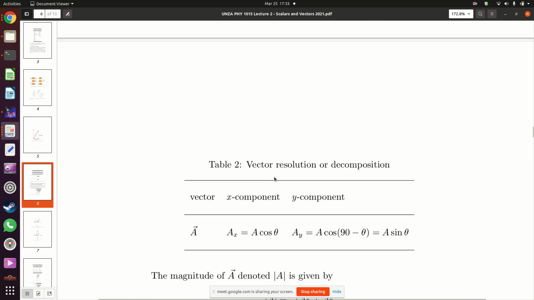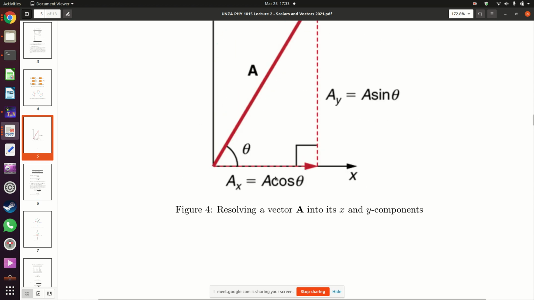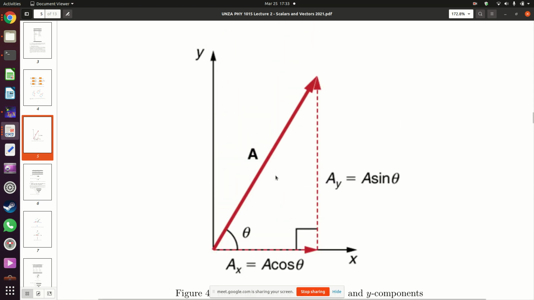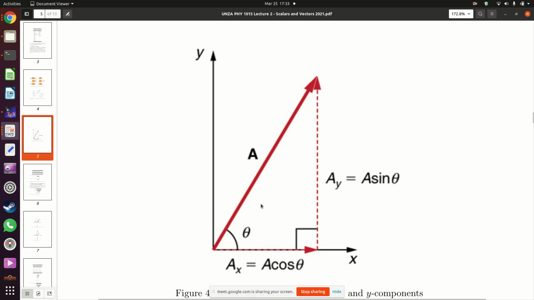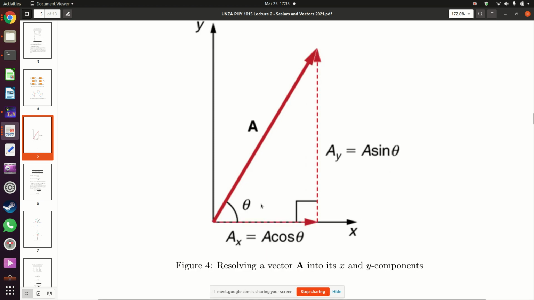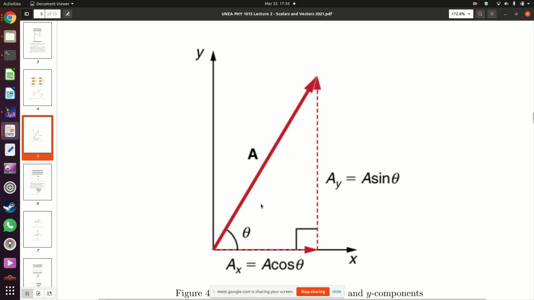Ati? You can't see, sir, the... I can't see the components and the vectors, sir. You can't see this image? Figure 4? Or you haven't downloaded the notes? I have downloaded them, but I can't access them. You can't what?